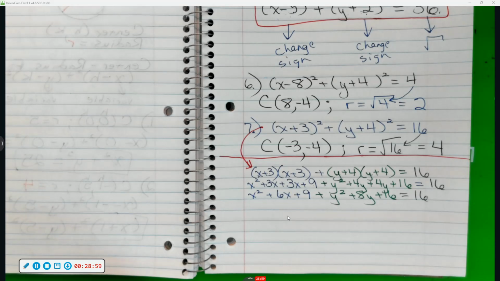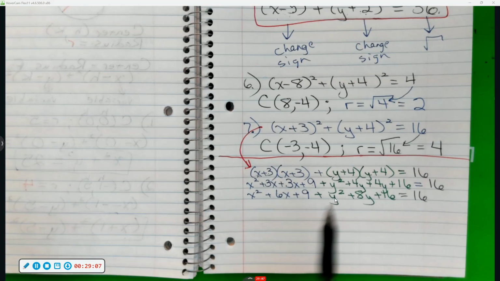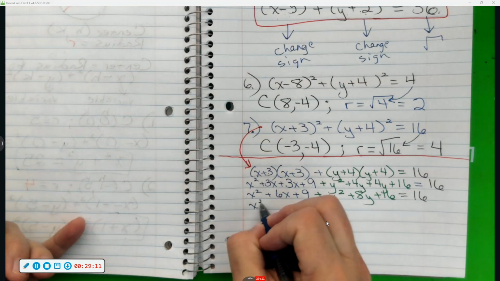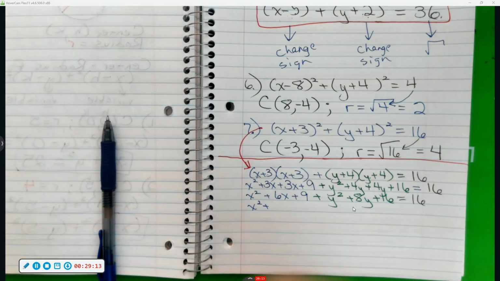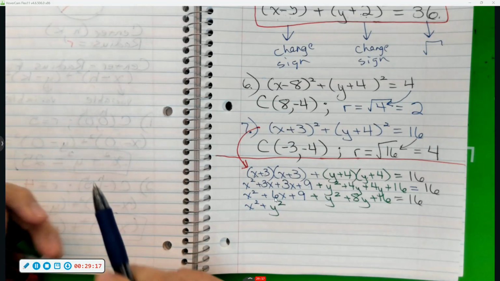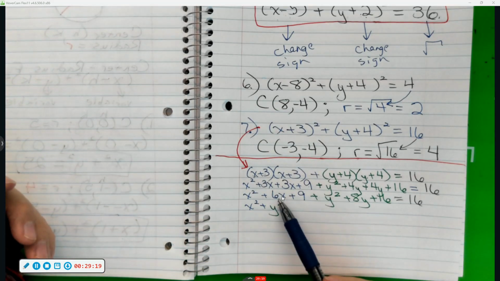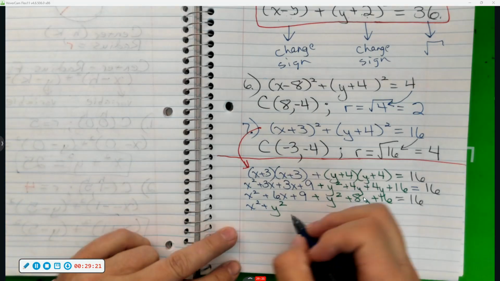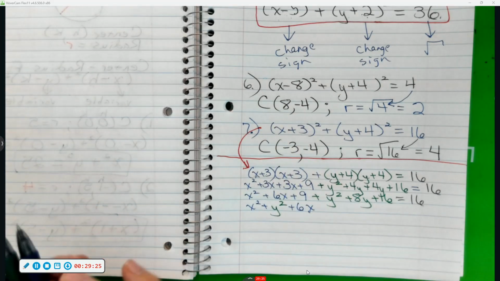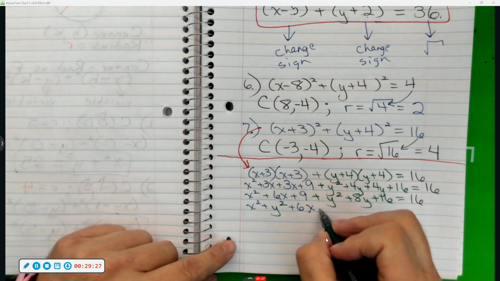And now I'm going to write it in descending order based on exponents. I'm going to write the square terms first. X squared, and then the y squared. I'll write the unsquared variables. We have a 6x and an 8y. I'll write them in alphabetical order, the 6x first and then the 8y.